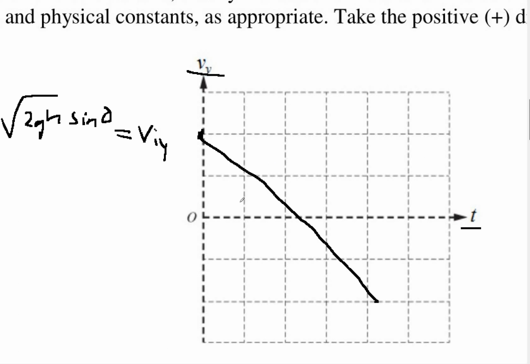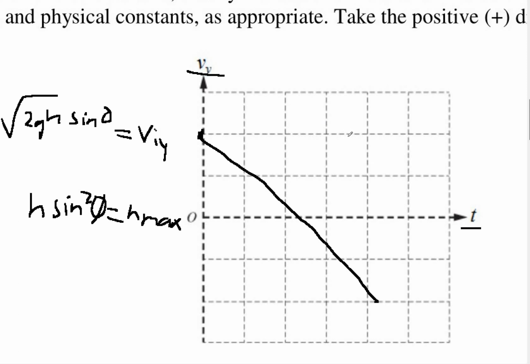Then there's no more Vy, so at the peak Vy is 0, and then we can use the formula we found for h max, which we found was h sine squared theta, in the previous part.